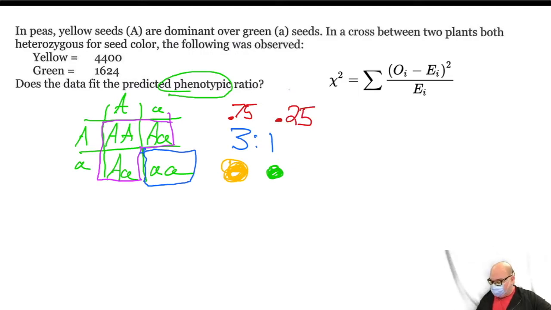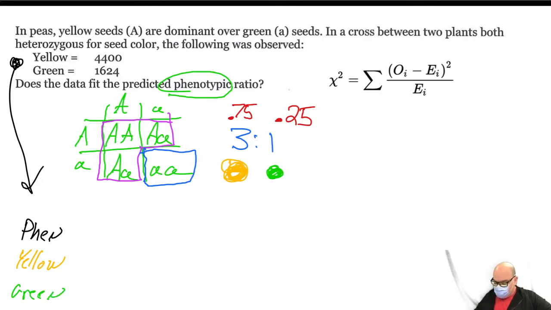Now, I'm going to make a little table at the bottom here. Okay, so let's look at what we observed right here and start working it into a data table down here. Let's go with our phenotypes. We're going to do our yellow, and we're going to do our green.